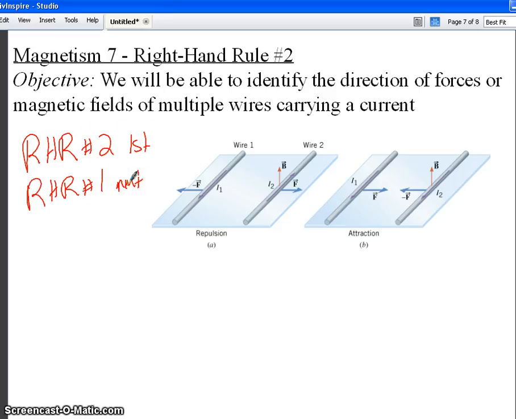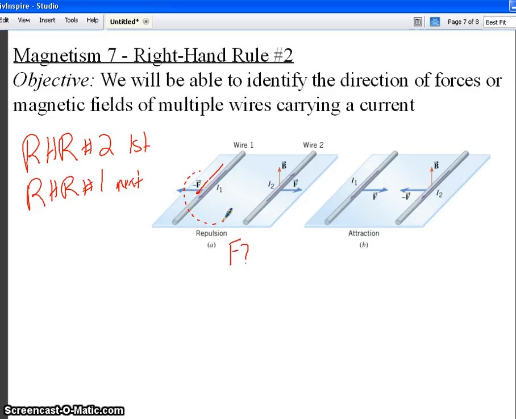Okay, so I want to know what the force is on wire 2 based off wire 1. So to do that, I'm going to do right-hand rule number 2. I'm going to take my thumb and put it in the direction of this wire. You should do this too. And then I'm going to curl my fingers around it like this.